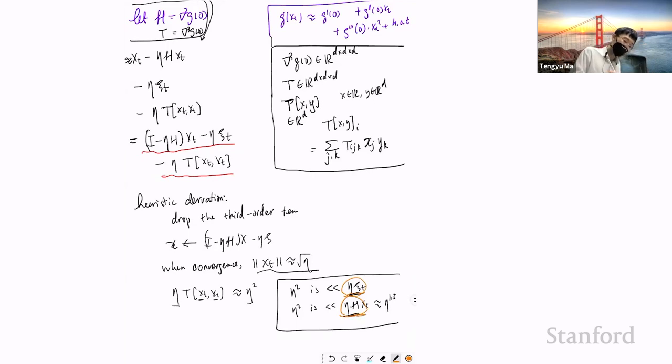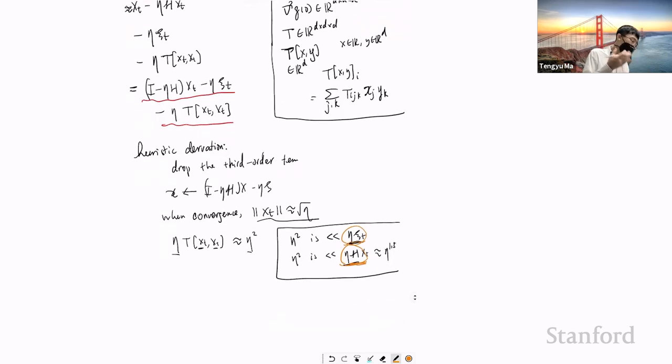But at least you compare with the other deterministic term, eta h xt, and this eta squared term is still much smaller than the deterministic term. So in some sense, it's very tempting to say that this third order term, this t xt xt thing, is very small. So the conclusion is that this is kind of negligible.